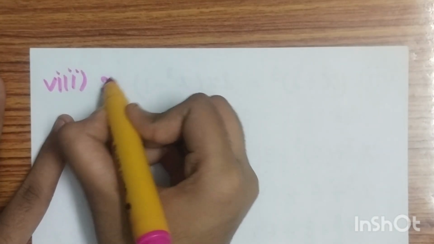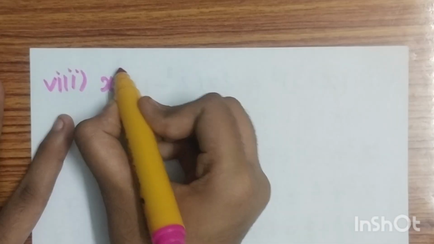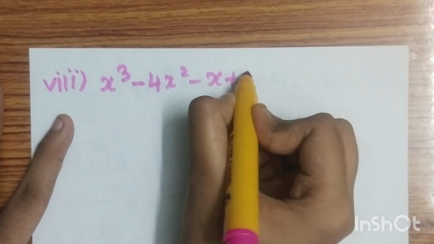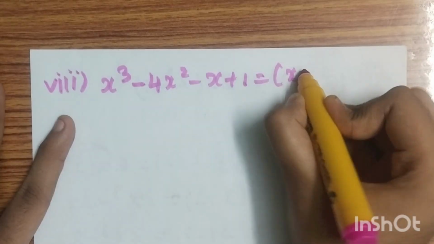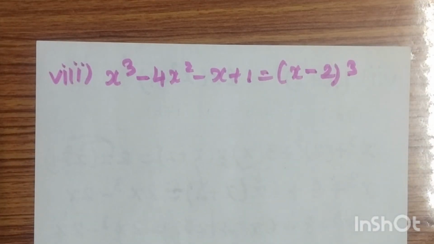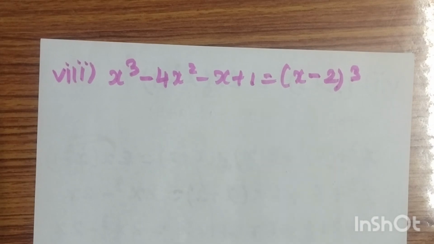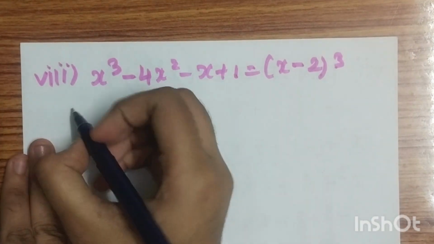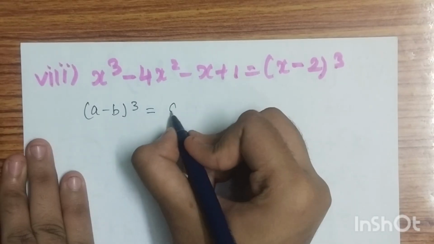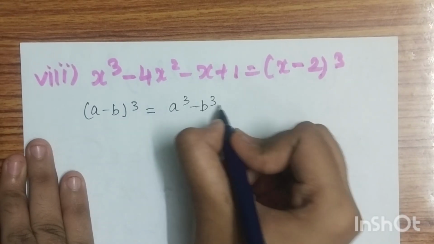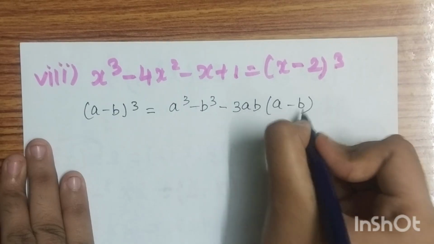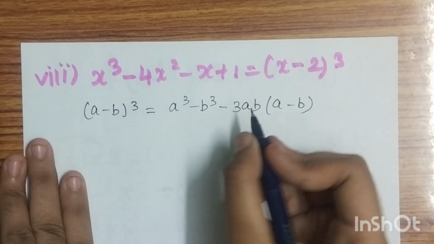Okay, so now last subdivision. It is x cube minus 4x square minus x plus 1 is equal to (x minus 2) the whole cube. Here we will use the same kind of formula, but (a minus b) the whole cube, which is a cube minus b cube minus 3ab into (a minus b). So all the signs are minus here.